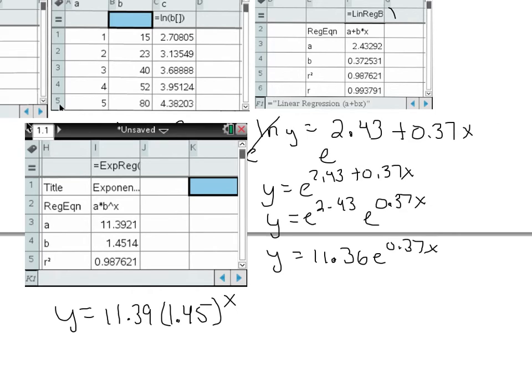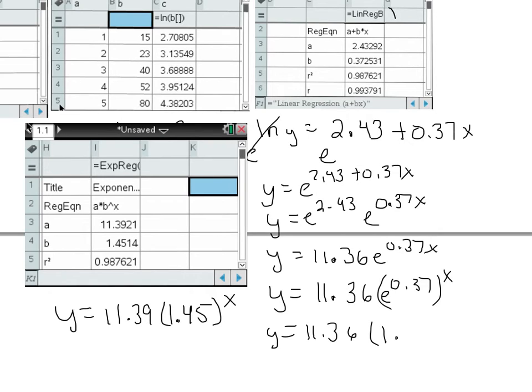But this one here, we could have changed to 11.36 e to the 0.37 to the x, because power to a power you multiply. So if you use your calculator and do e to the 0.37, you get y equals 11.36 times 1.45 to the x. See how these are almost identical? That's using different regressions to be able to calculate things. Okay?